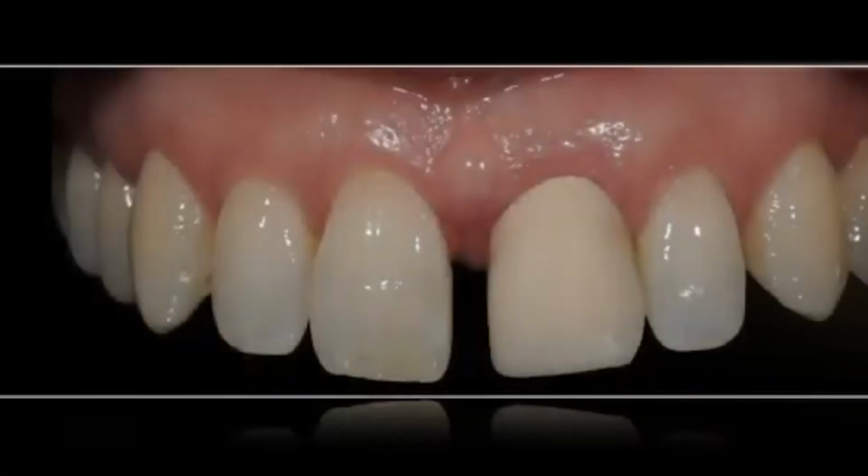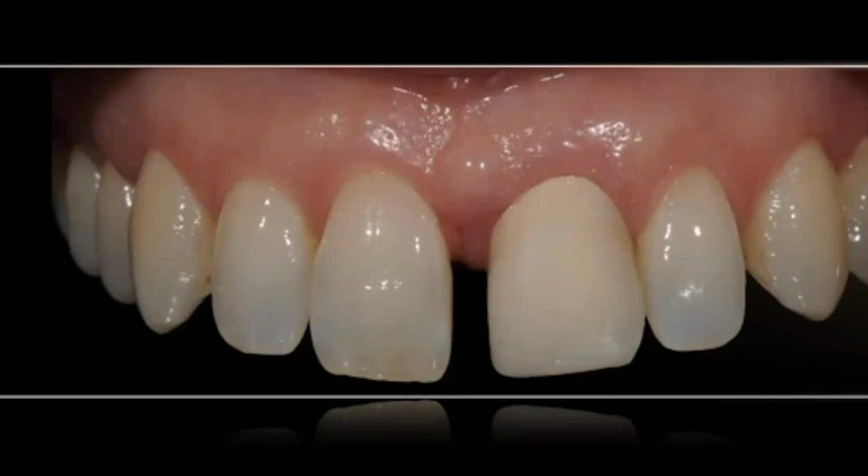This is a case that I came across a year ago. It looked like a quite easy case. We have a temporary crown on the 12, the temporary replacing the old PFM crown.